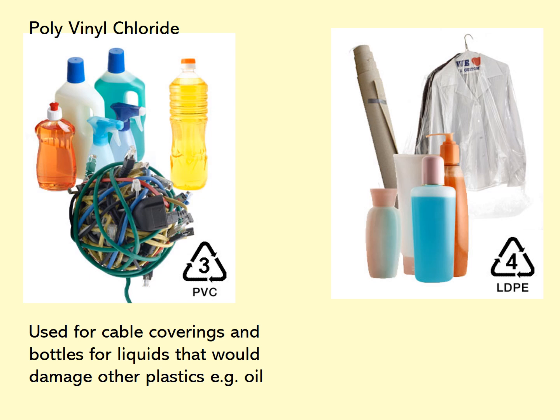If you put that into a fizzy drinks bottle, it would corrode the inside of the bottle, and you'd end up with a nasty kind of chemical, toxic kind of sludge being formed, and you don't want that. But also cooking oil. Cooking oil is too dense and strong to go into normal bottles, so it has to go into a PVC bottle. Currently cannot be recycled in the UK.